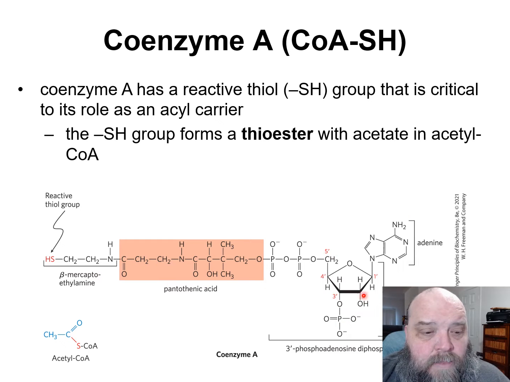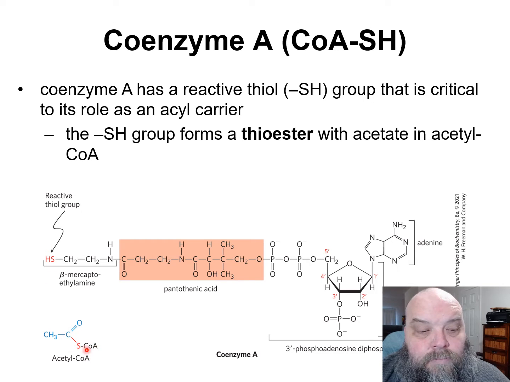Now, if you look here, this is coenzyme A. This starts with a base nucleotide, adenine, add on phosphate, carbon 3. The carbon 5 has dual phosphates, and then this pantothenic acid, long carbon chain, tipped by beta-mercaptoethylamine. Wow, that one's a nice fun one to say. But notice right here, this thiol group, this sulfur-containing functional group.